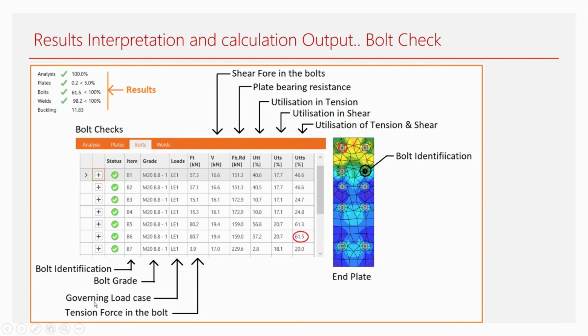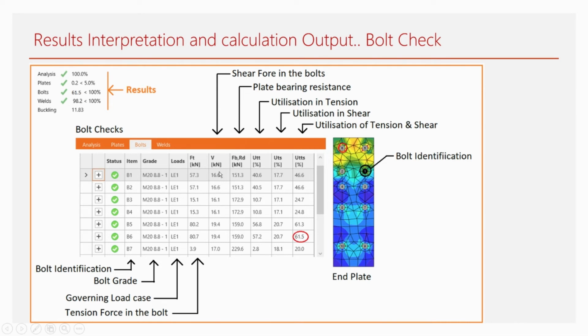These are governing load combinations, and here in our case it is LE1, the load case 1. Then FT is the tension force in a bolt. Here you can see the maximum tension force in B6 because we have an end plate moment connection, and the top bolts number 5 and 6 are more stressed, which is obvious. And you can see this is stressed to 61.5% as reported in these results.